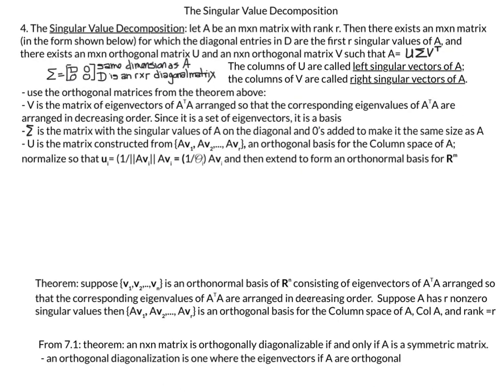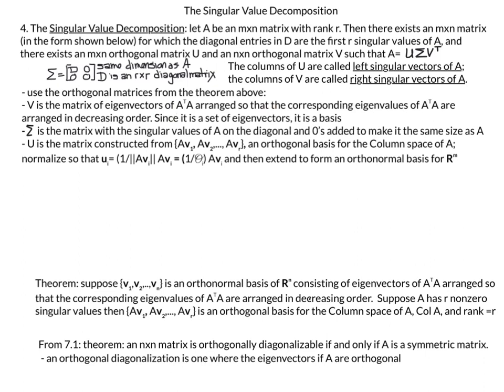For our singular value decomposition, we're going to take A and make it a product of three matrices. And when we take A, what we want to study is how A stretches different directional eigenvectors, and for that reason, we're going to study A transpose A. So V is going to be the matrix of eigenvectors of A transpose A, arranged so that the corresponding eigenvalues of A transpose A are in decreasing order.